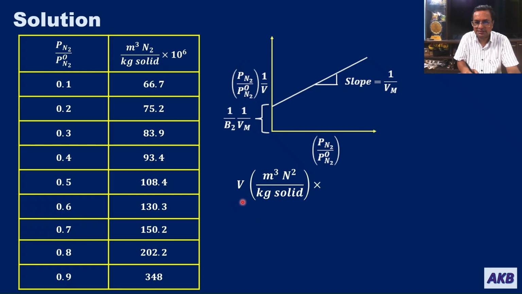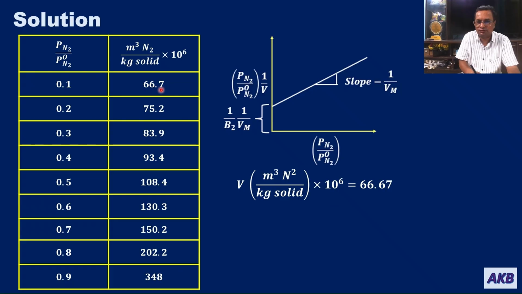So in this case, V, meter cube nitrogen per kg solid, that is nothing but V, the volume concentration. And values for this entire quantity, into 10 to the power 6, are given to us.